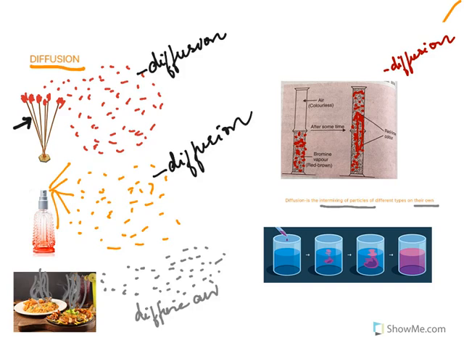Here is another example of diffusion. In the picture we can see drops of potassium permanganate added to water. Slowly this potassium permanganate, being pink in color, spreads. There is no stirring.